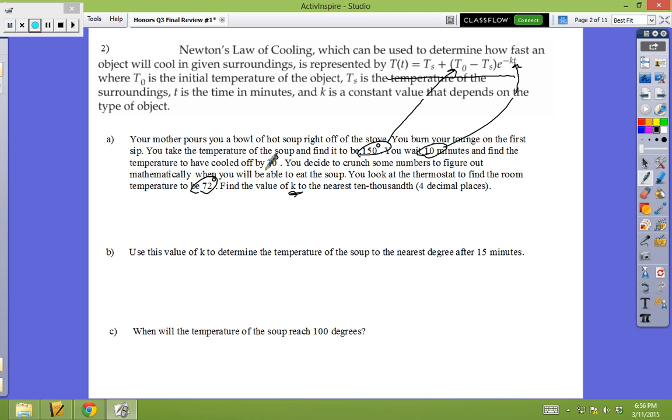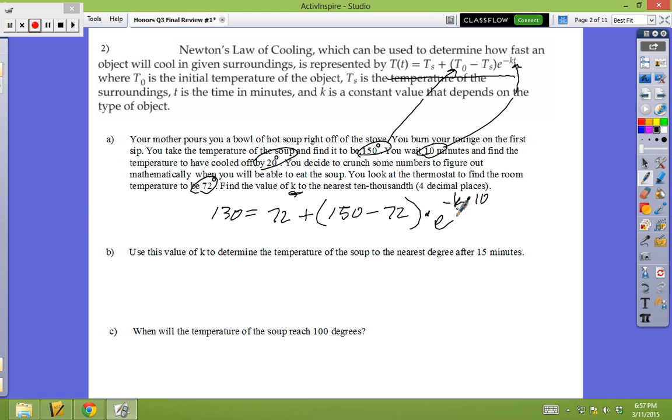So the new temperature of the soup is 130 because it's cooled off by 20 degrees. So 130 equals the temperature of the surroundings, so that's 72 degrees, plus the initial temperature minus the surroundings, and you're going to times that by e raised to the negative K times T. We don't know K, but we do know T, that was 10 minutes. So I know everything except for K.